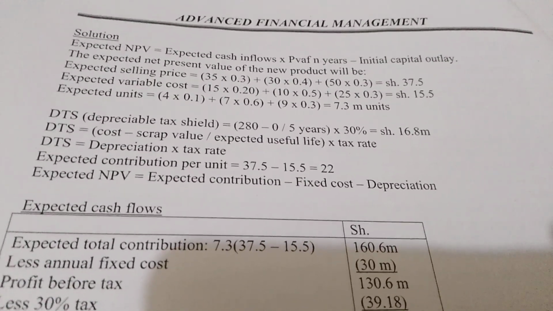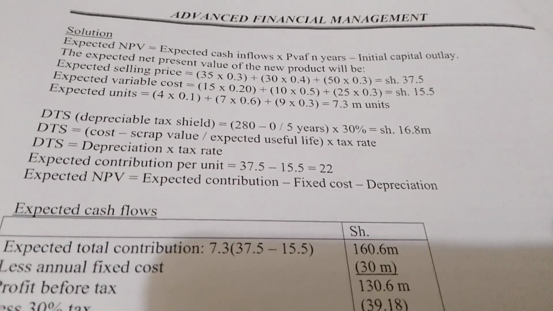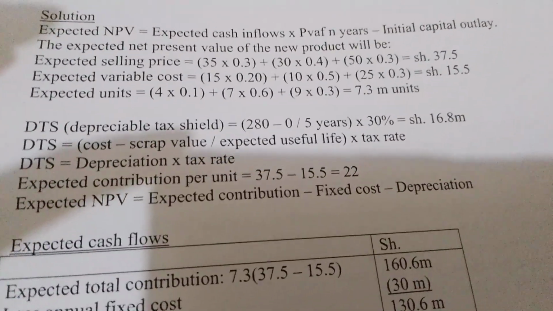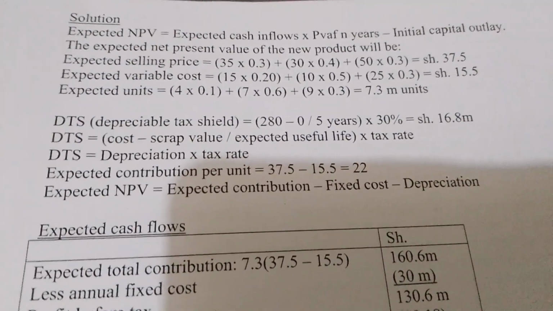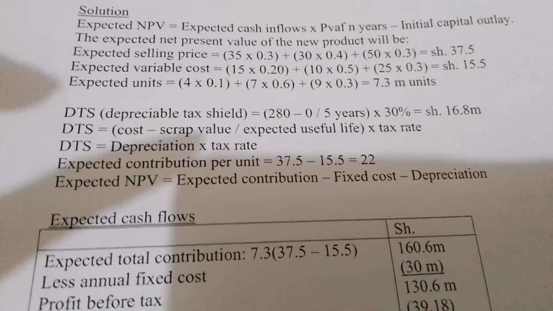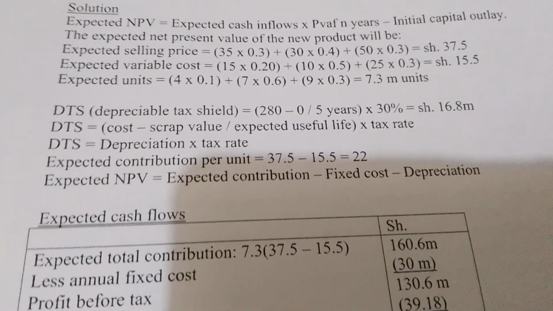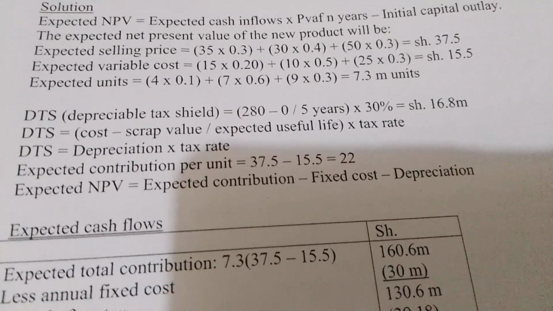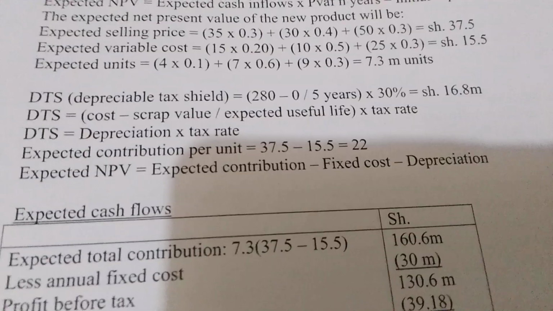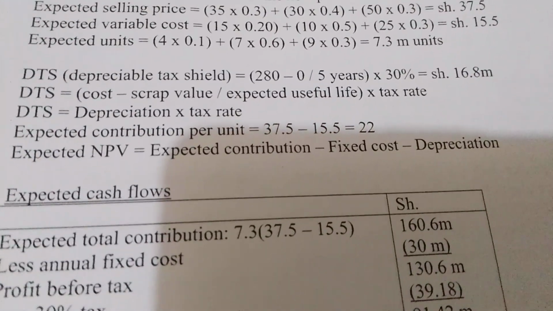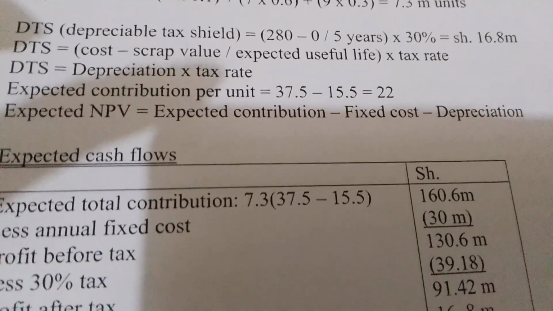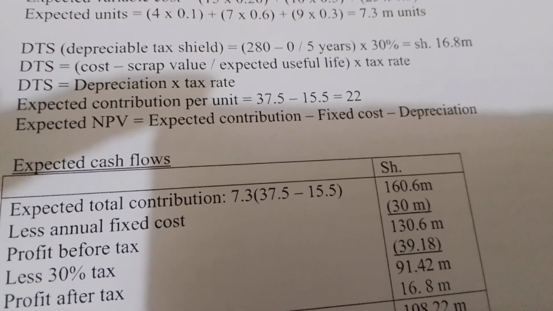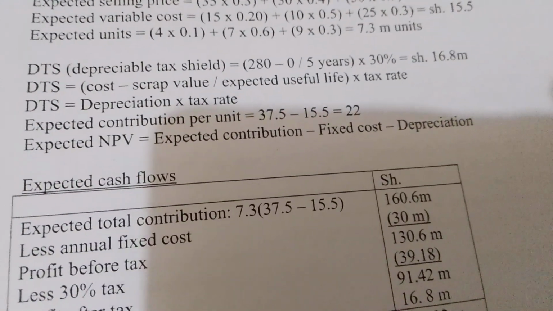An important concept of DTS will be put into consideration, and DTS is calculated by taking depreciation times tax rate, and depreciation is calculated, we are using the straight line method, by taking the cost of the asset minus scrap value. Scrap value is also called salvage value. You divide by expected useful life and you multiply the answer by tax rate.